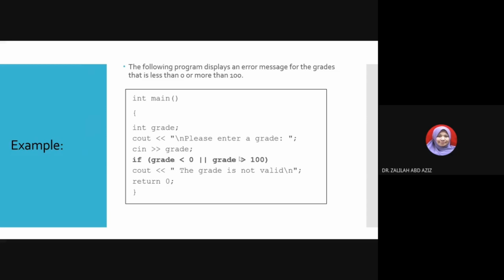Or if 50 greater than 100, no. So false or false, it will evaluate false. So the grade is not valid. So 50 less than 0 is false. False or false is false.